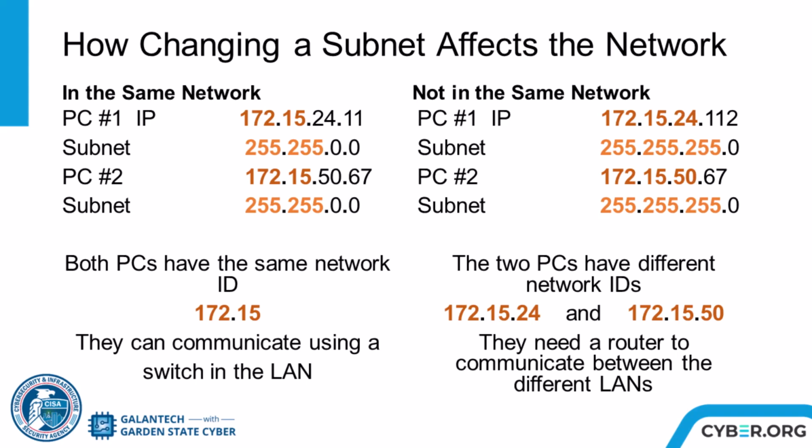PC number 1 will be in the 172.15.24 network, and PC2 will be in the 172.15.50 network. The subnet masks are how connection devices like routers and switches identify which host devices belong to a network.